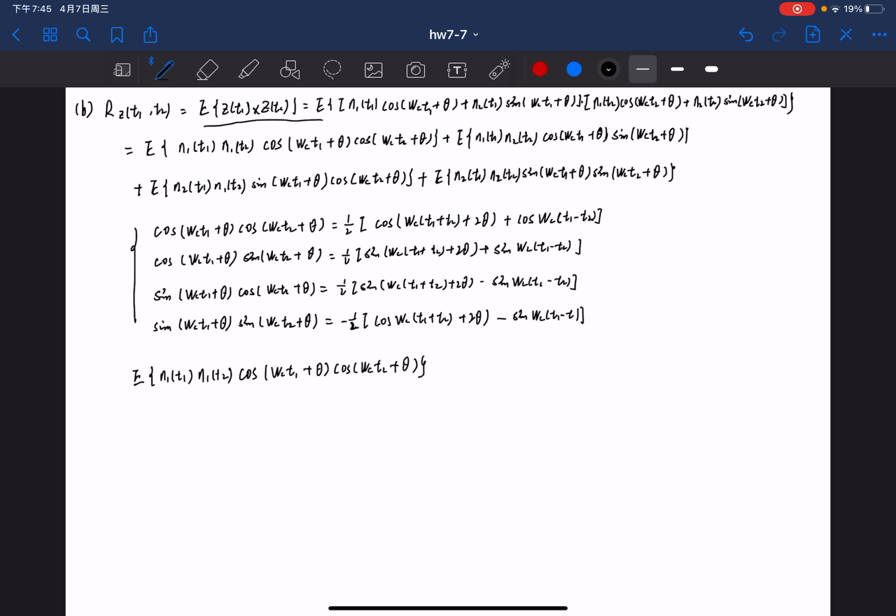When we expand this, we can obtain four parts, each of which is a product.